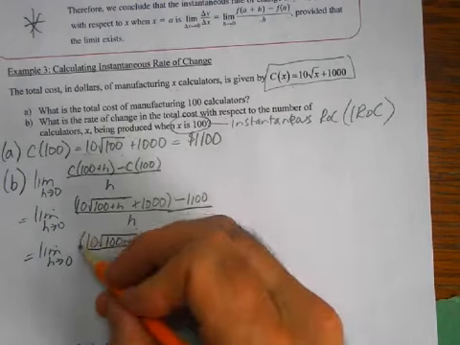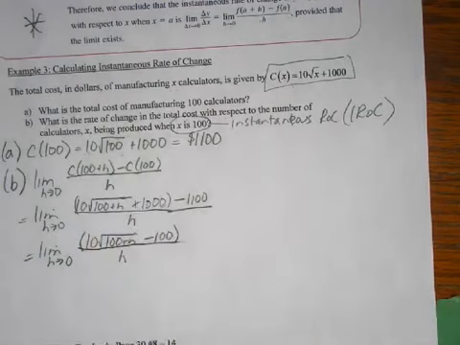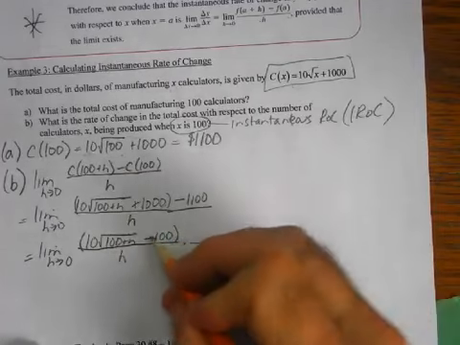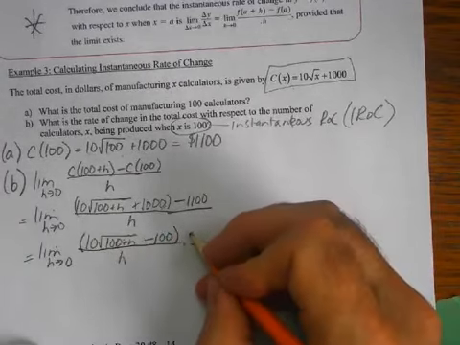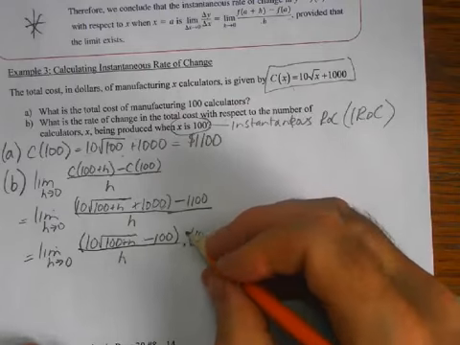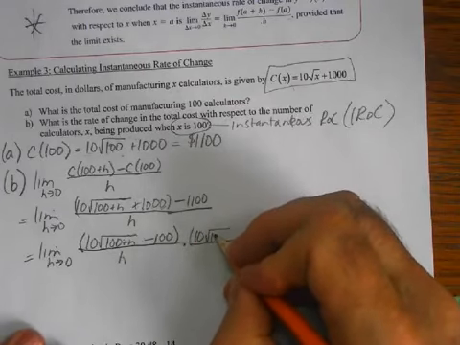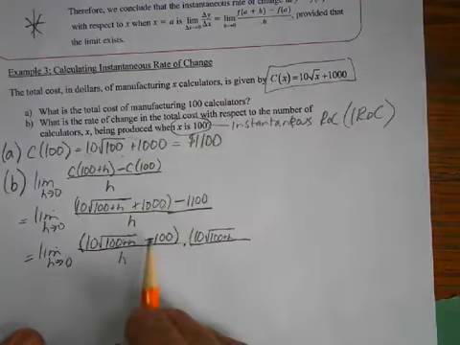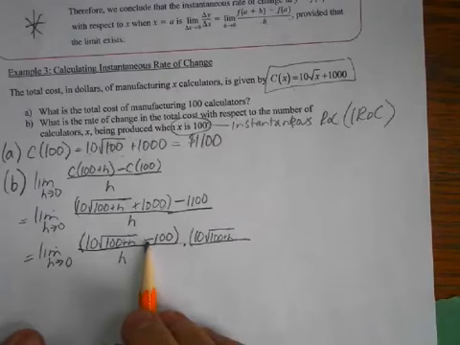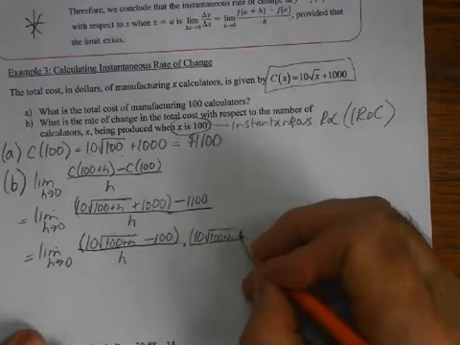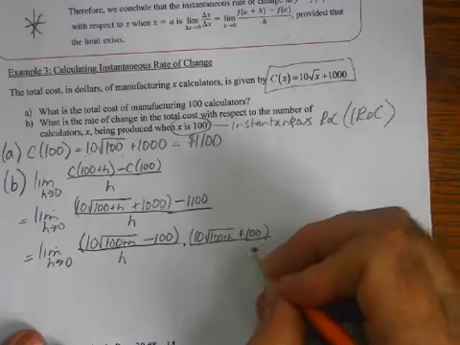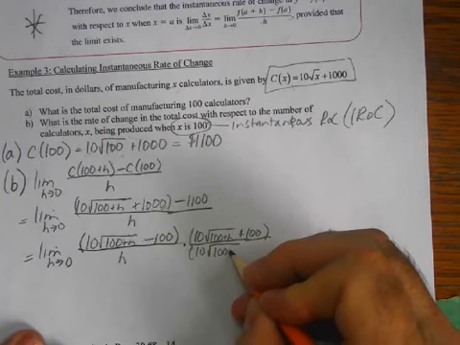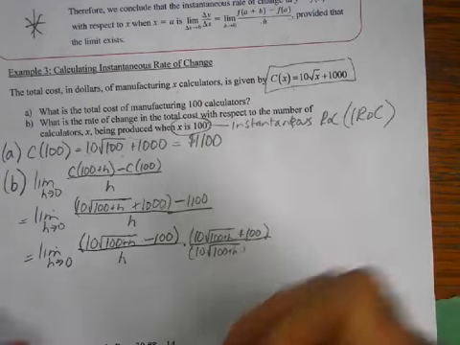What we're going to do is rationalize the numerator. So we're going to multiply this whole thing by the conjugate of the numerator, which is 10 root 100 plus H plus 100. Now remember, when we take the conjugate, we're not worrying about signs in here. We just flip this minus sign to a plus, like that. And same thing on the bottom.